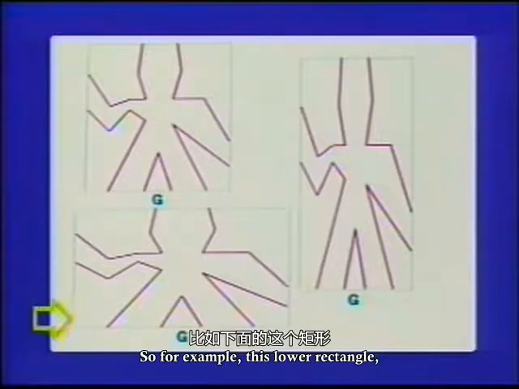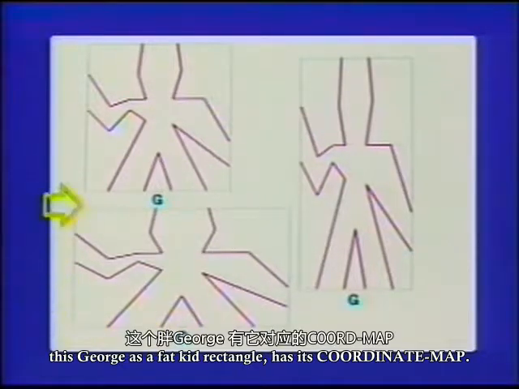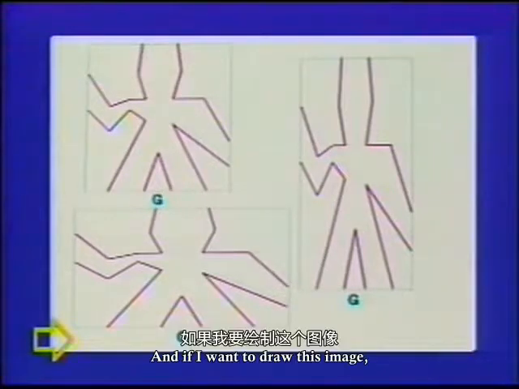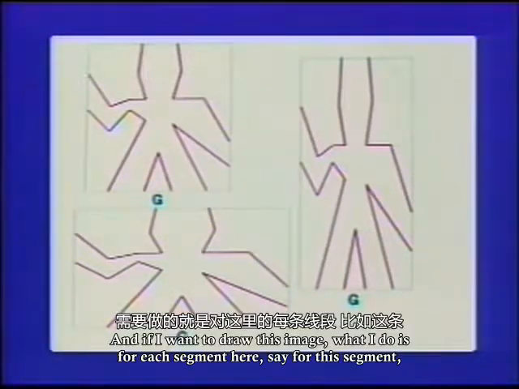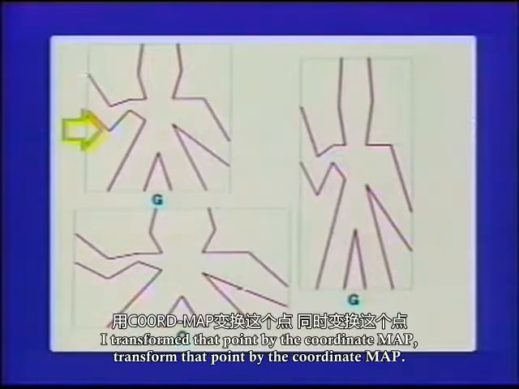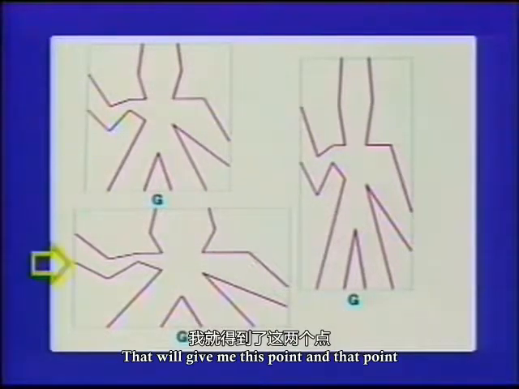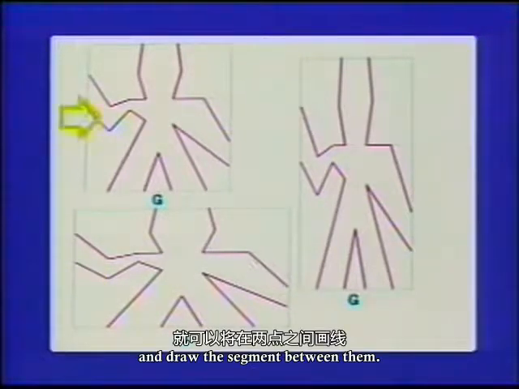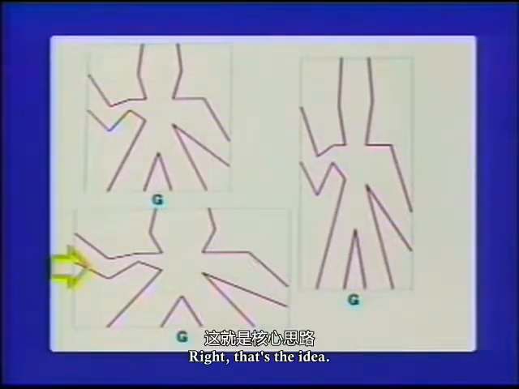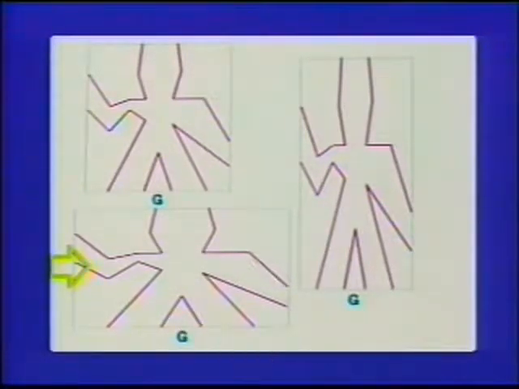So for example, this lower rectangle, this George is a fat kid rectangle, has its coordinate map, and if I want to draw this image, for each segment here, I transform that point by the coordinate map, transform that point by the coordinate map, that'll give me this point and that point, and draw the segment between them. That's the idea.